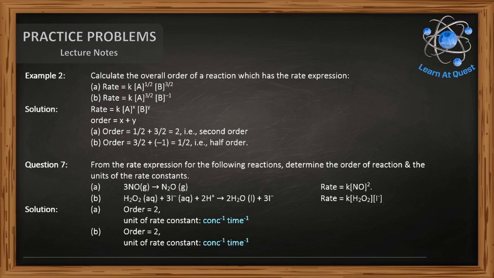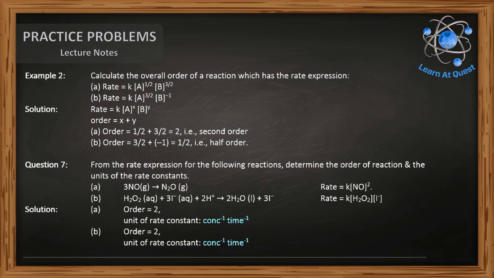The rate is given as K multiplied by concentration of nitric oxide NO whole square. Subpart B, H2O2 aqueous plus 3 I minus aqueous plus 2H plus forms 2H2O plus 3I minus. Here the rate is defined as K multiplied by concentration of H2O2 multiplied by concentration of I minus.